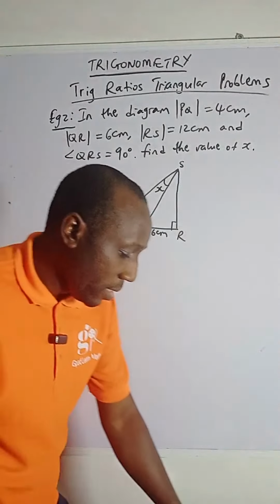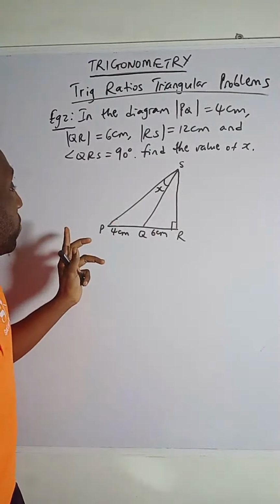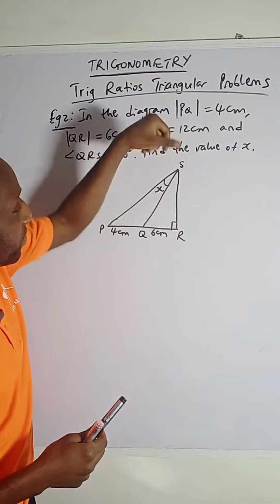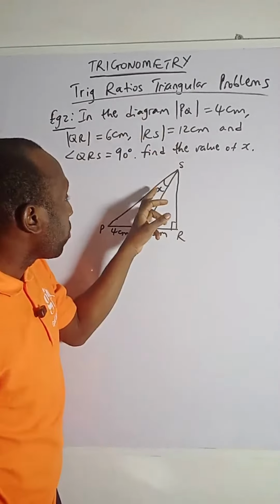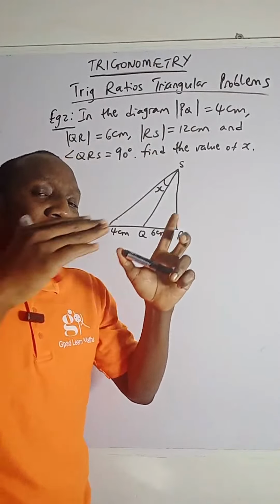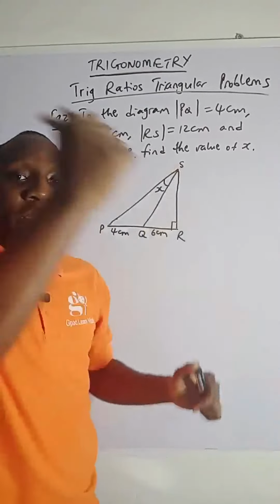This is interesting. Look at the angle I'm asked to find, this angle here. If I want to get this angle X degrees, let me just take you from the end to the beginning.